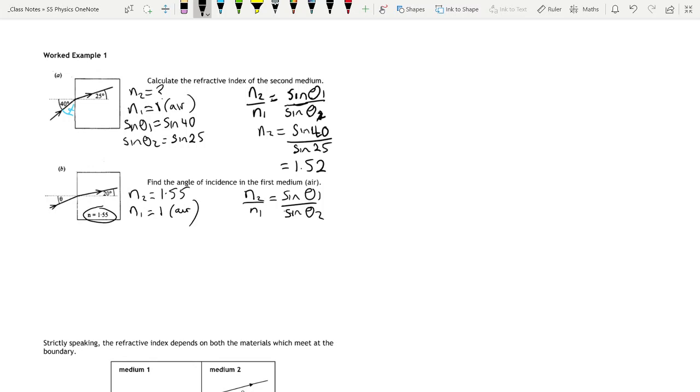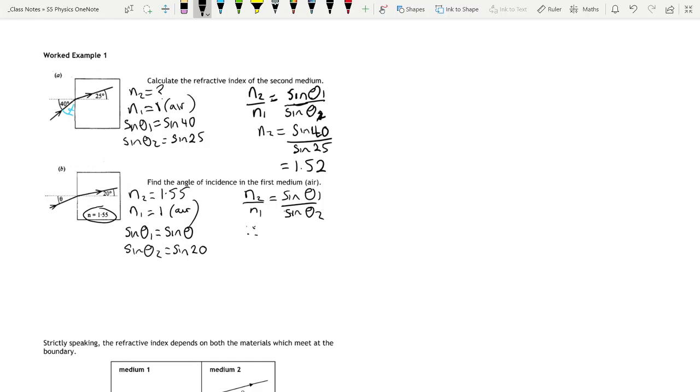Sine theta 1 would be the sine of the angle we want to find, and sine theta 2 will be the sine of 20. So we put those numbers into the equation.